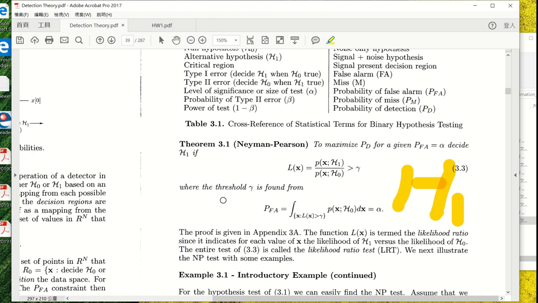Then the threshold is found from the false alarm probability equal to alpha. So you have to integrate the region where this likelihood ratio is larger than gamma. How come? Because under these circumstances, you make a decision for H1 while in fact it's H0. So that's the probability of false alarm, equal to alpha, and that's your PFA.